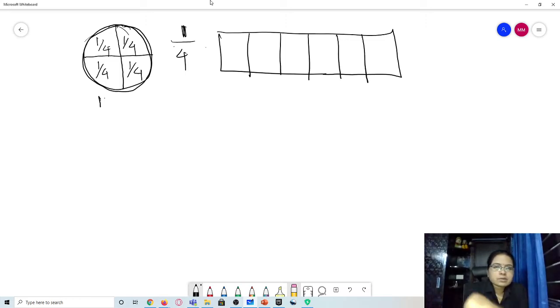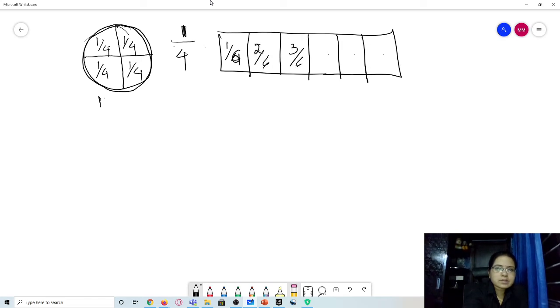Now we divide this figure into 6 equal parts. Then each equal part will be 1 divided by 6, 2 divided by 6, 3 divided by 6, 4 divided by 6, 5 divided by 6, 6 divided by 6, that is equal to 1. So the shaded part of this fraction is 3 divided by 6.